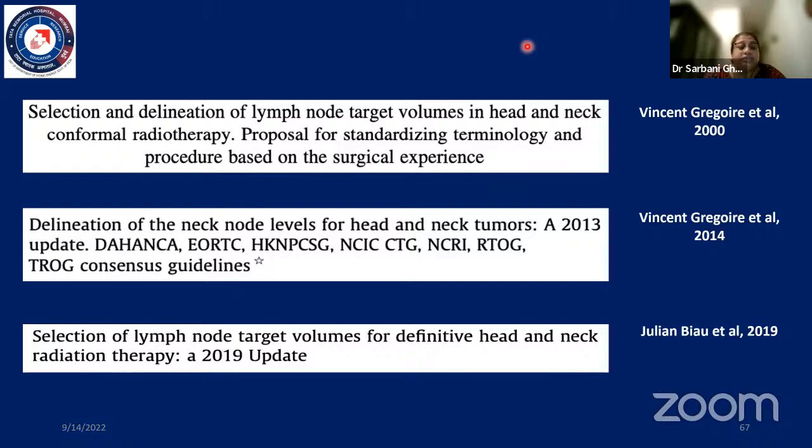So these are the various guidelines that are available. And of course, the one by Julian Biao, again from Vincent Gregoire's group, tells you what level of lymph node for what target.